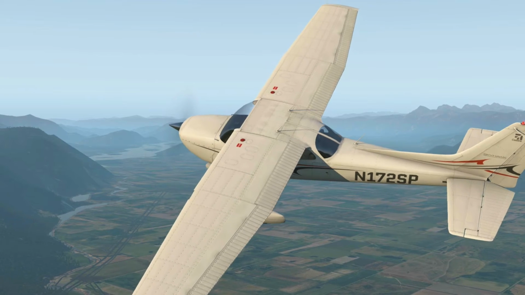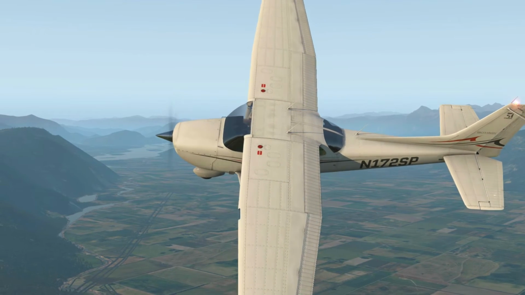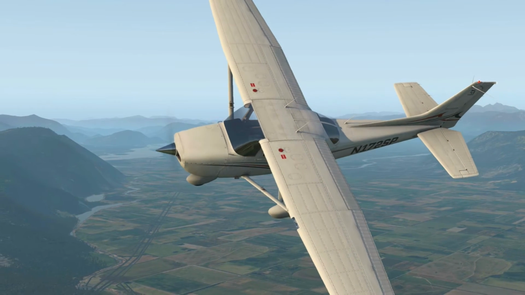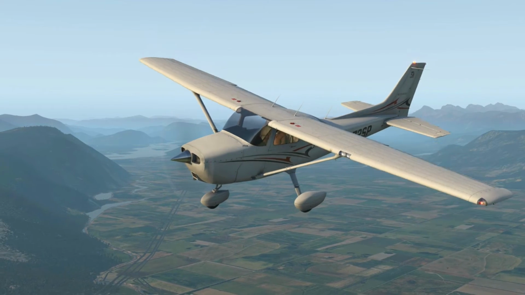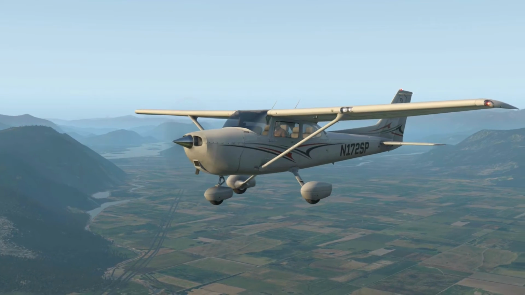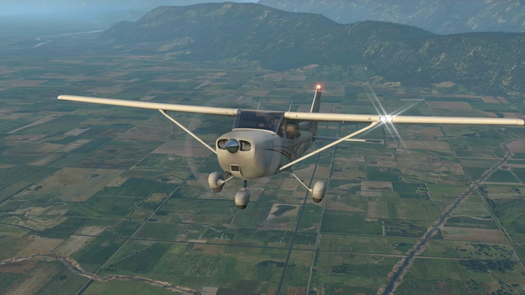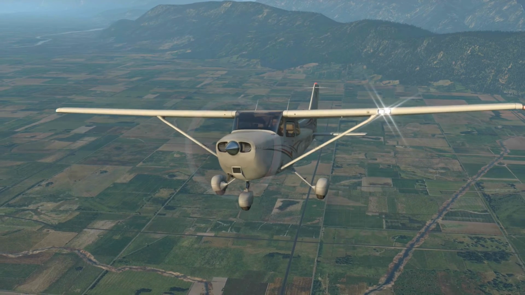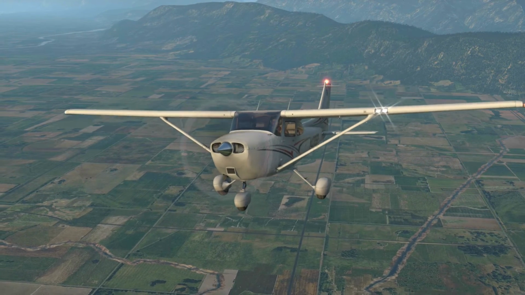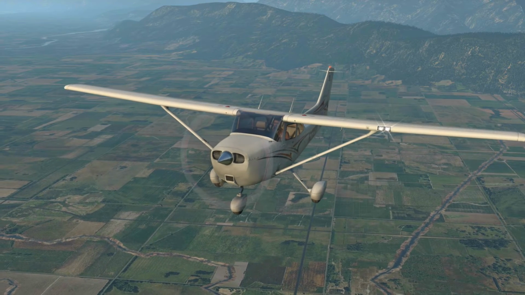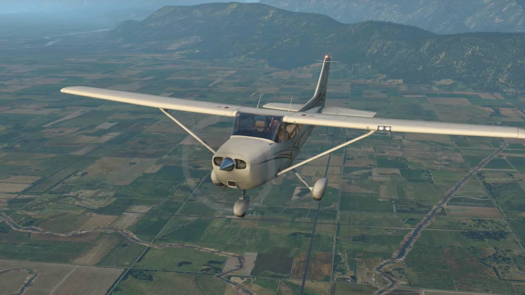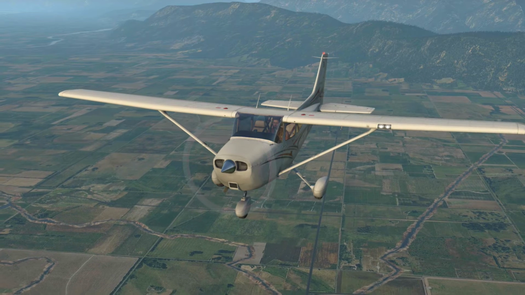So all three control surfaces work together, and all three control surfaces are needed because of what happens to our lift on the aircraft. When we take a look at our aircraft from the front, let's level off here a bit. You can see that except for the slight dihedral in the wings, our lift is at right angles to the ground.